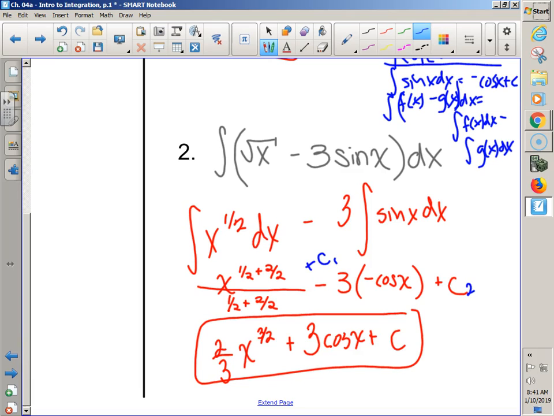They can be different. So I'd have to actually name them 2 separate things. But even if we knew what those numbers were, guys, what could you do with 2 constants? Put them together to make a new constant. So instead of actually showing all this work and being like, oh, C1, C2, C3, we just call it plus C.